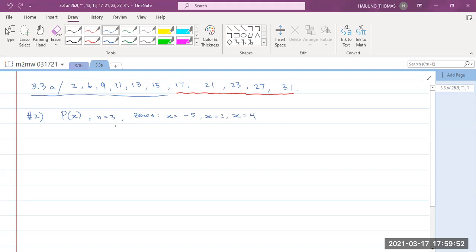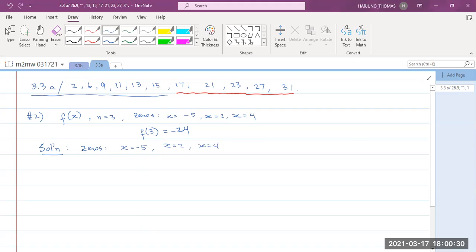And we have another condition that f(3) equals -24. So let me use f(x) instead. Now we have a polynomial with degree of 3 and they give us 3 zeros. Solution. The zeros are x equals -5, x equals 2, x equals 4.